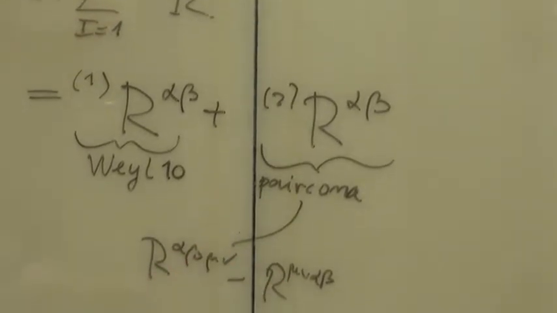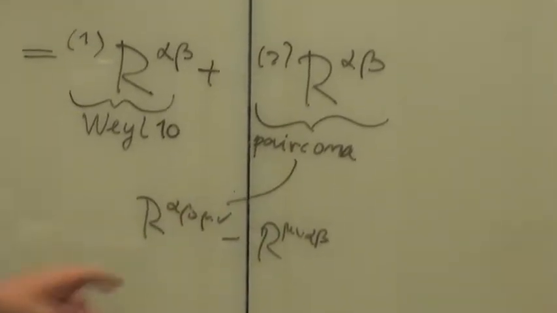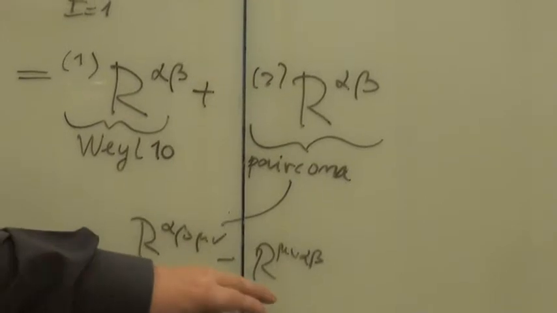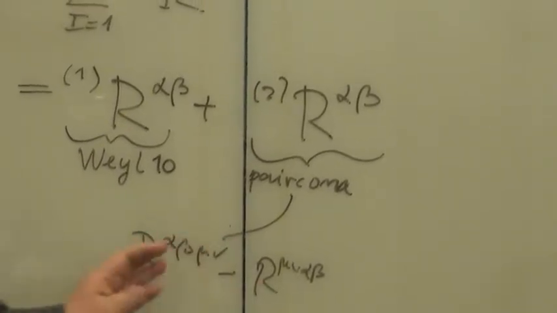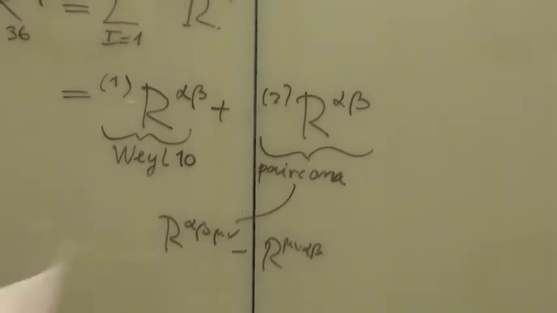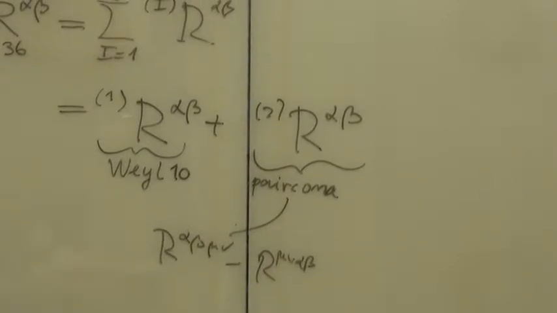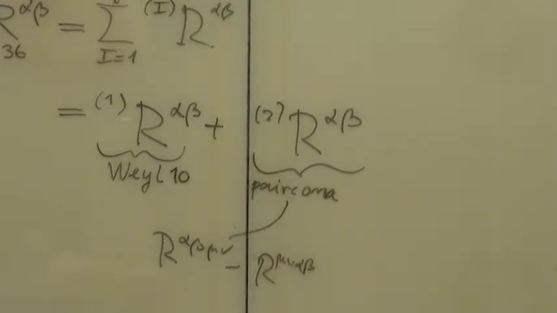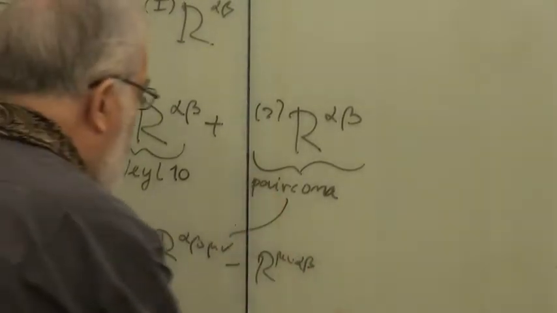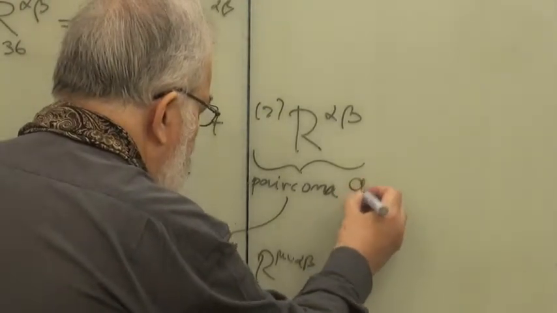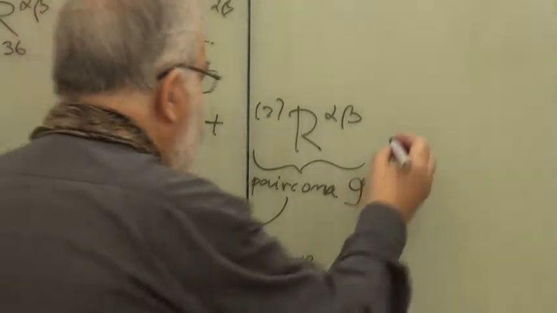And if you find such a construction, it measures how much the commutation of two index pairs is violated. So this pair has 9 independent components.